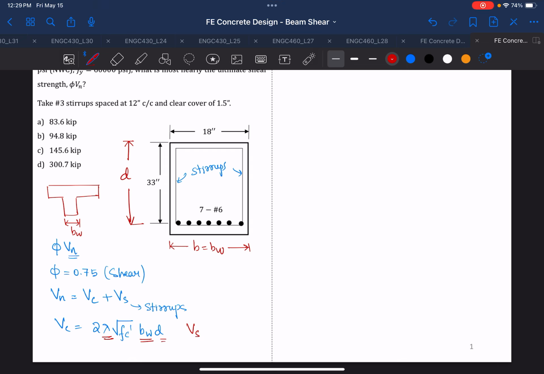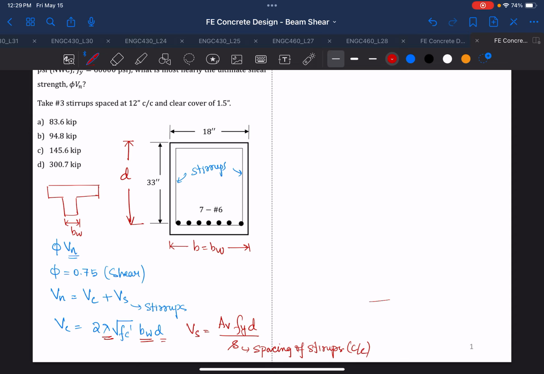And then what is Vs? Vs is the shear strength provided by the stirrups, and this is equal to Av, which is the area of your stirrups, times fy times d divided by s, and s means spacing of stirrups center to center.